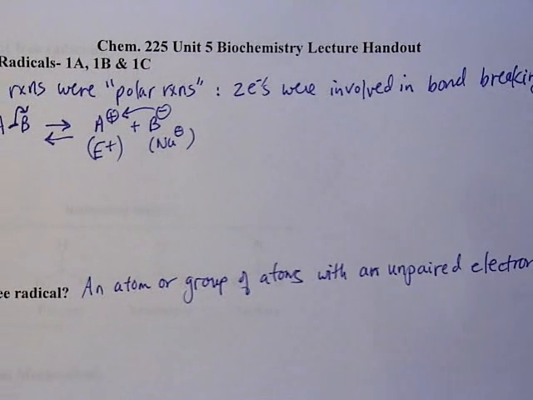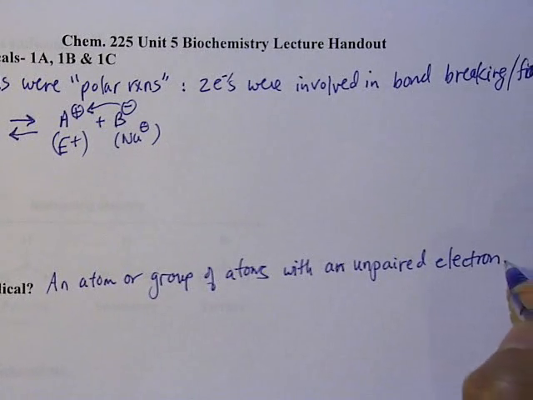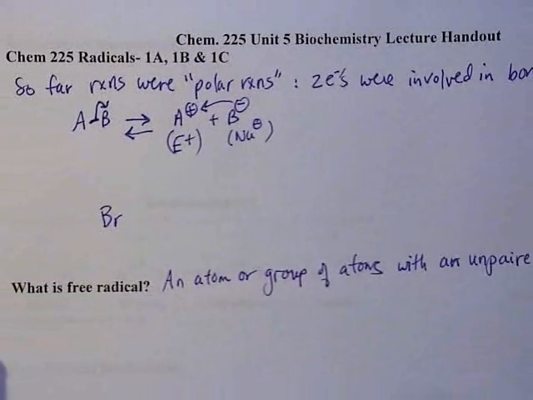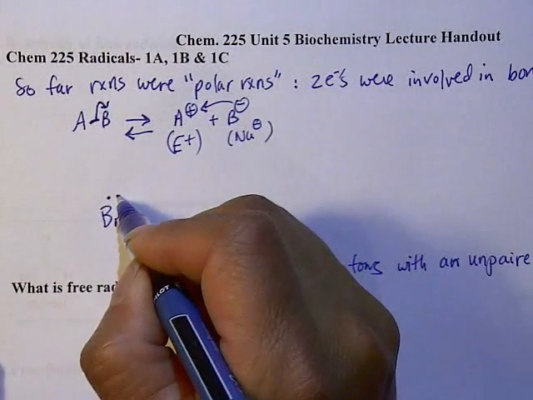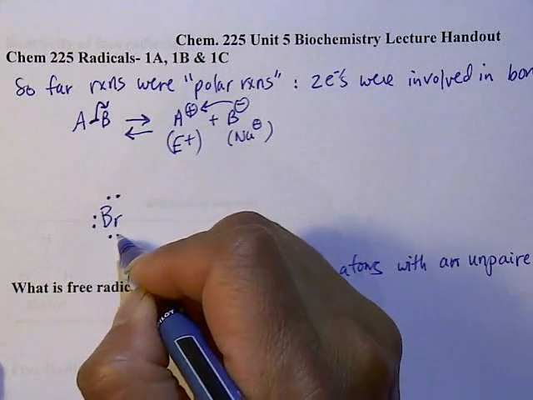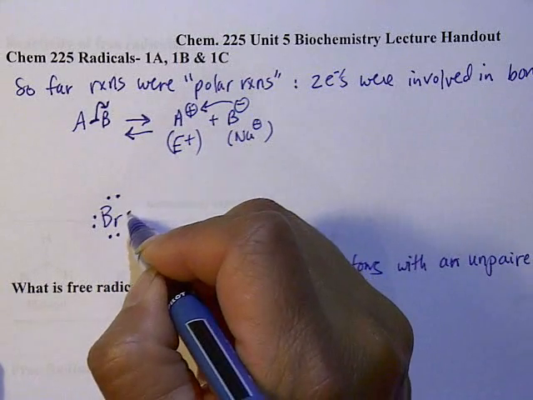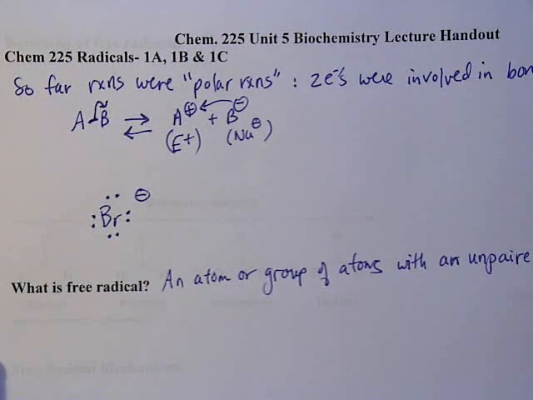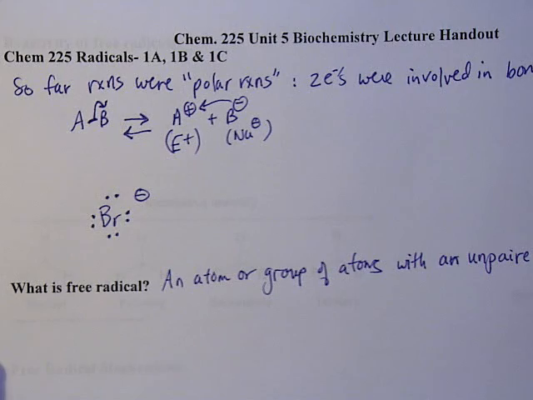So let's compare that to ions. So if you were to write a bromide ion, for example, and if you were to look at all the electrons that it has, then it would be a negative charge with 8 electrons around it to fulfill the octet rule.